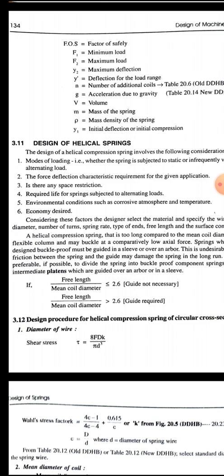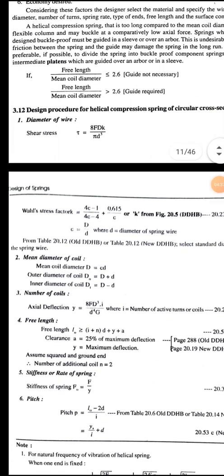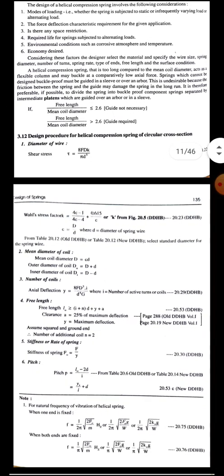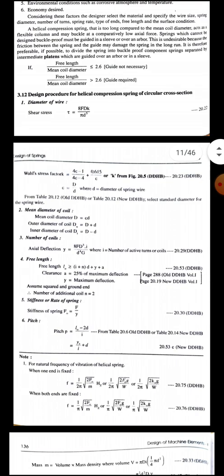Now, design of helical springs. The design procedure for a helical compression spring of circular cross section. The first step is the diameter of wire.